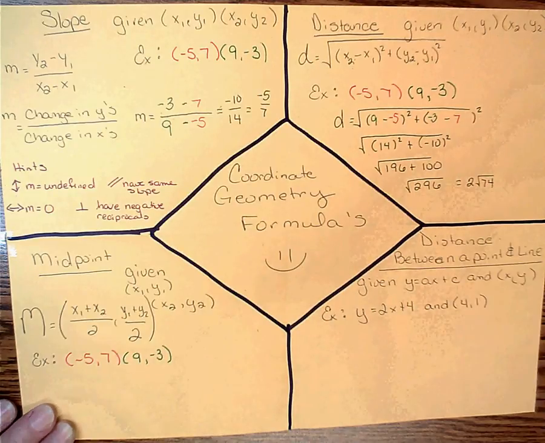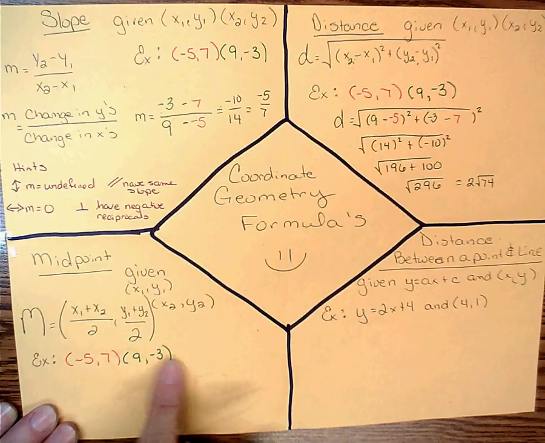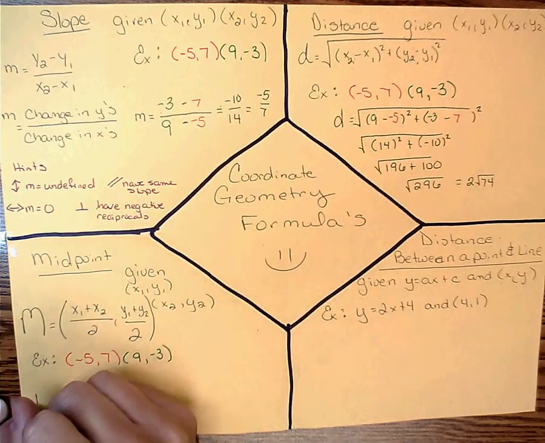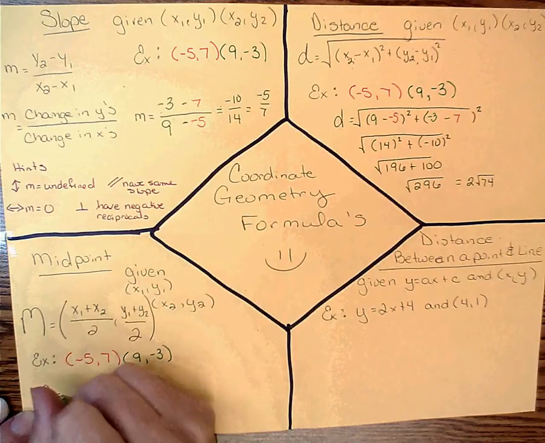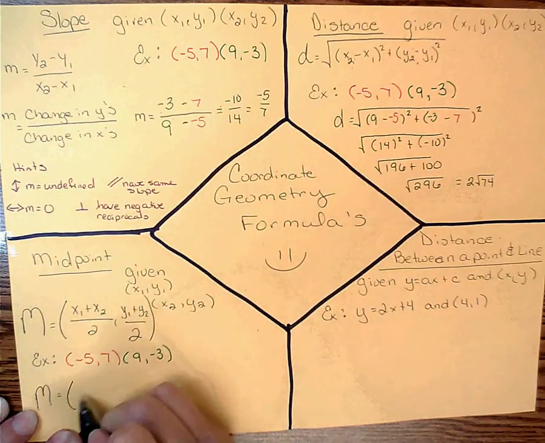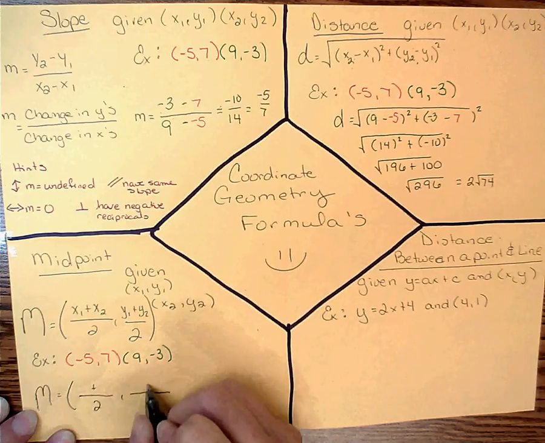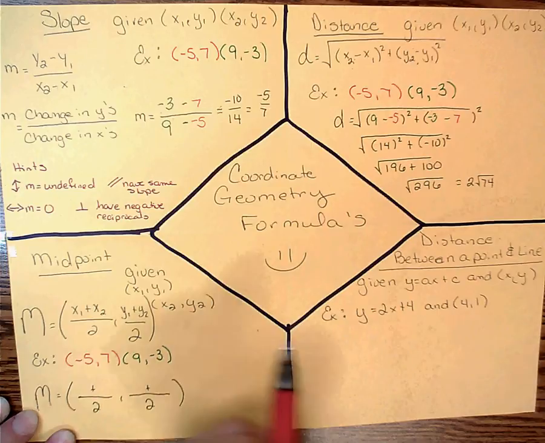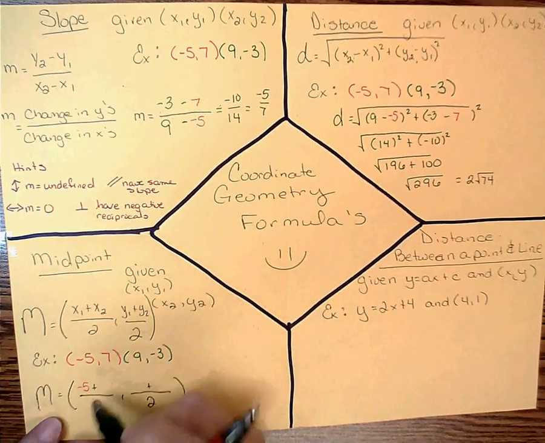Okay, midpoint. Midpoint is a lot like when you have M&Ms. If I give you red M&Ms and green M&Ms, you would add your M&Ms together and then divide by 2 to split them between two people. So here, the big M, not to be confused with little m, is midpoint, and I'm going to add my x values and then divide by 2, and then I'm going to add my y values and then divide by 2. So my x values are negative 5 and 9.